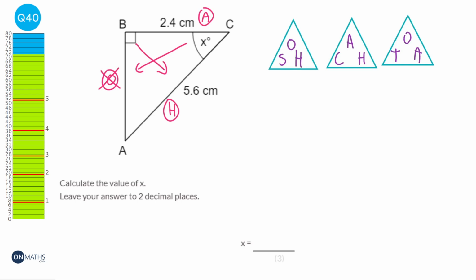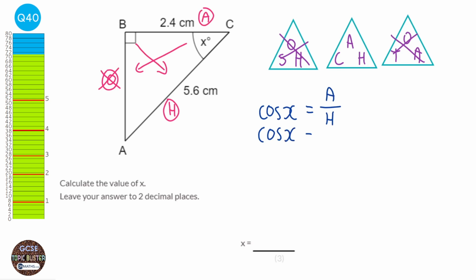Well, we've crossed out the O, and so it's not going to be SO or TOA, it's going to be CA. And we're going to rewrite that as cos x, the C stands for cos, and the x is the angle, equals the adjacent over the hypotenuse. And we are going to rewrite that with the values. So it's actually cos x, because we're looking for the angle.